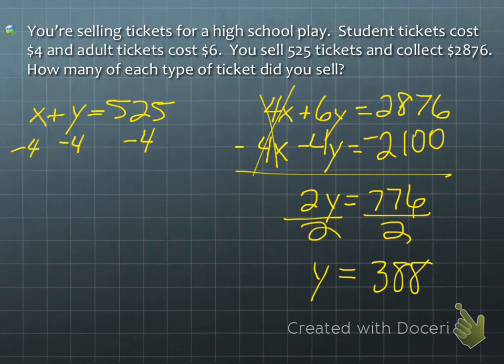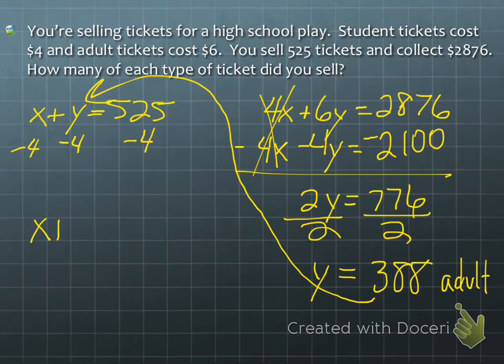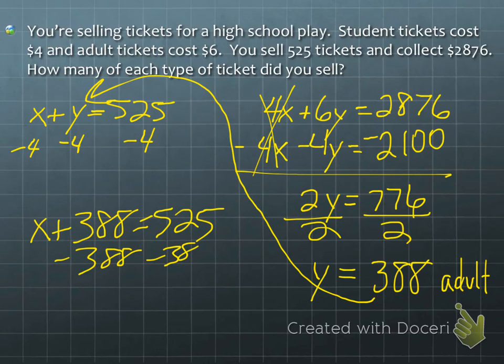388. That would be the adult tickets. And then I plug 388 in for y. And so you have x plus 388 is equal to 525. Minus 388, minus 388.